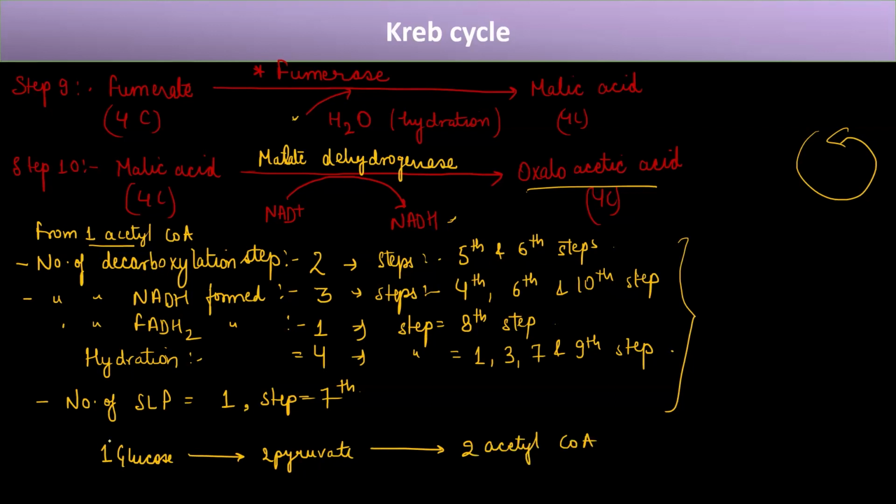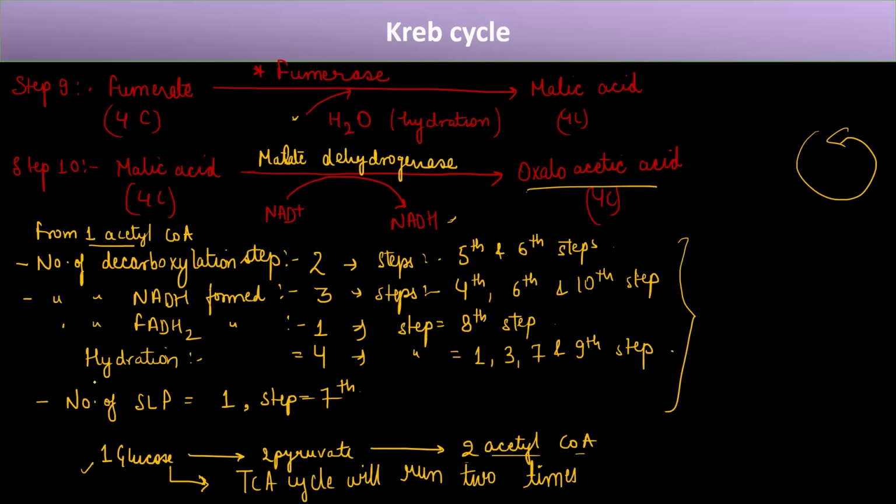So for one glucose molecule, how many times will this TCA cycle run? For one glucose, the TCA cycle will run 2 times, once for the first acetyl CoA and once for the second.